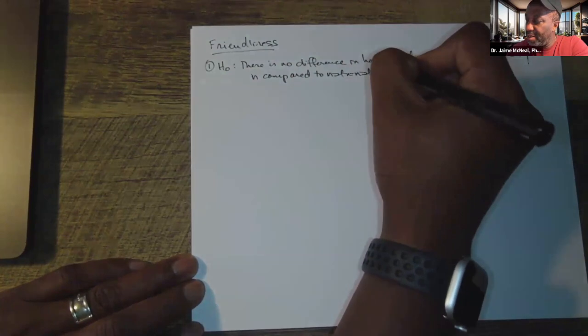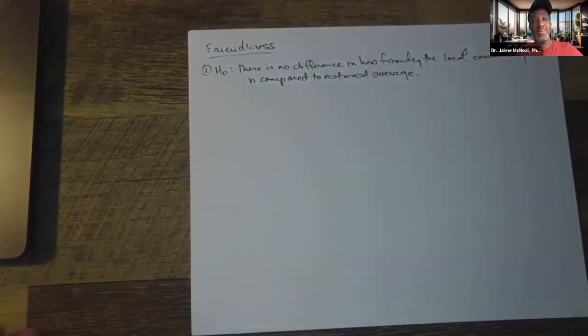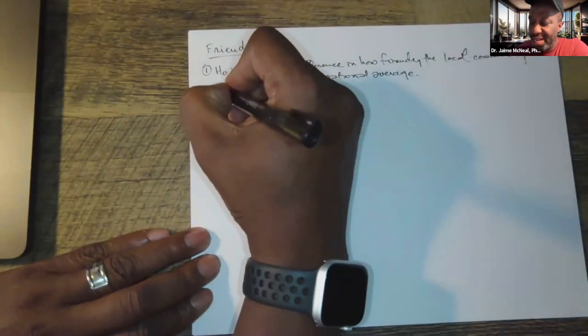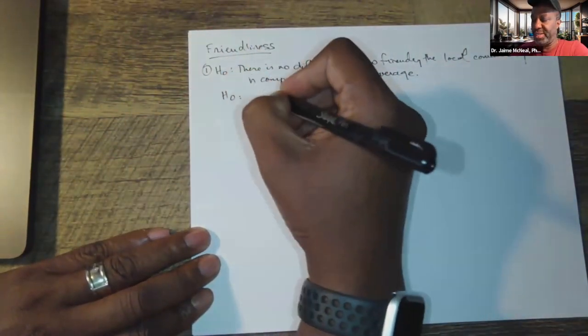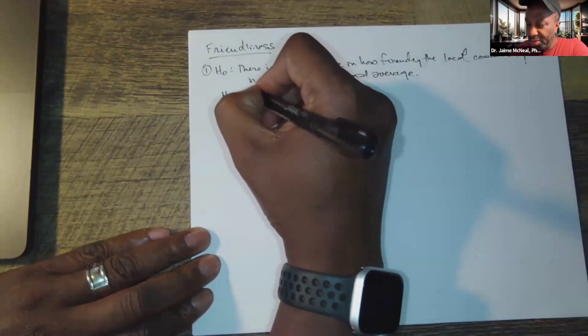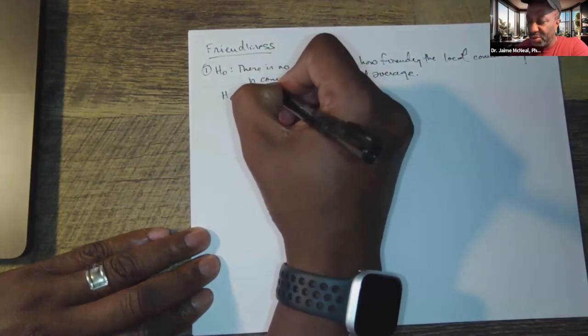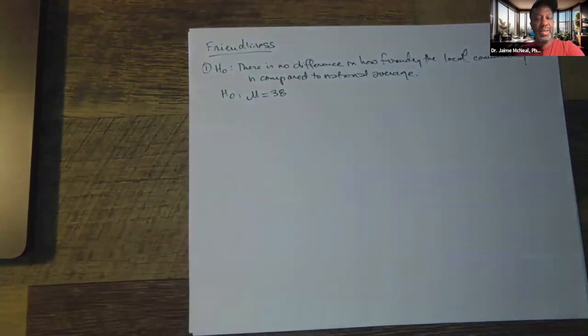And there's some survey, some way that they got the national average. And the national average that we're using is mu equals 38.